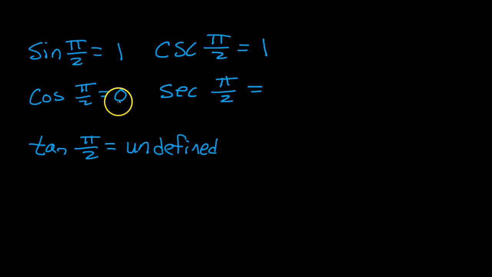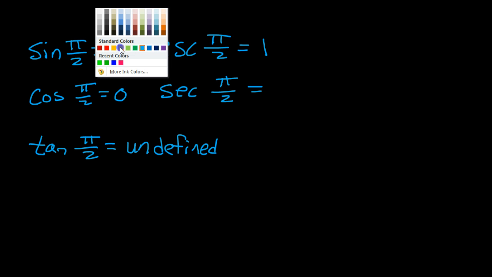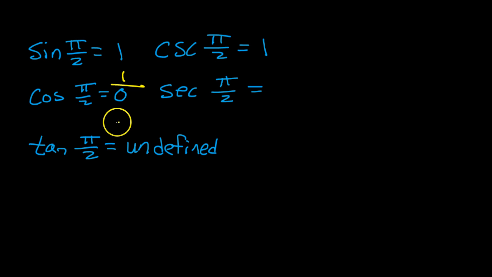All right, but 0. You can think of 0 as like 0 over 1. Okay, so when you go to do the reciprocal of that, that would be like having 1 over 0. So that is going to be undefined. Okay, I guess another way to think about it is the reciprocal is like taking whatever you've got and putting a 1 over it. So 1 over 0 is undefined.